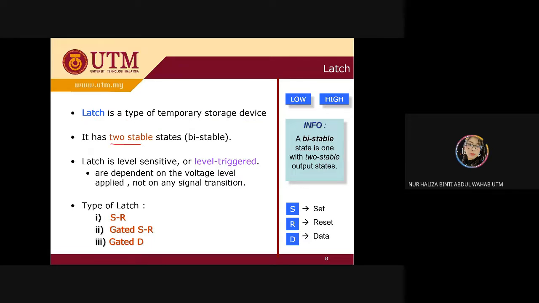It has 2 stable states, which is bistable, and a latch is level sensitive, which is level trigger. Later you're going to see the differentiation between latch and flip-flop, which is that it depends on the voltage level applied, not on the signal transition.